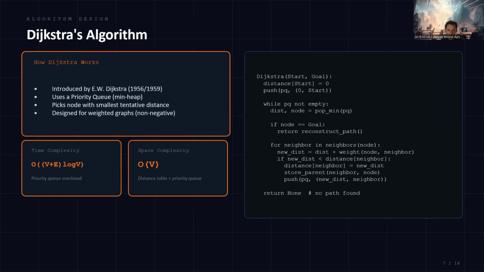However, maintaining the priority queue introduces additional computation. As a result, time complexity becomes O(V plus E) log V. Dijkstra is more powerful because it can handle weighted graphs, but that flexibility comes at the cost of additional computation.